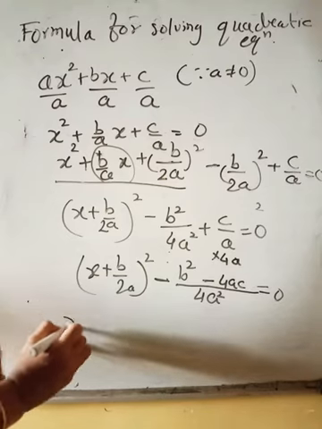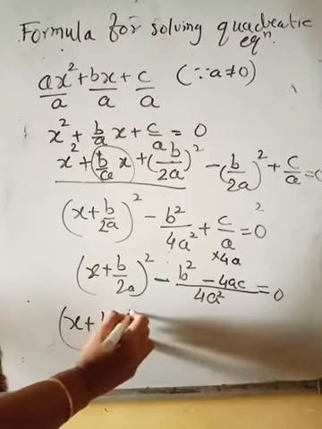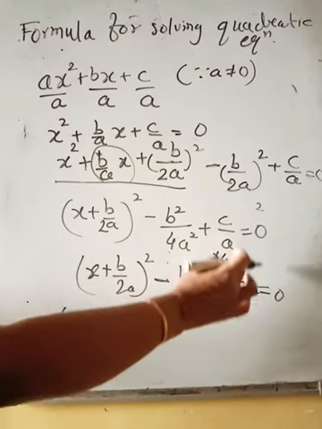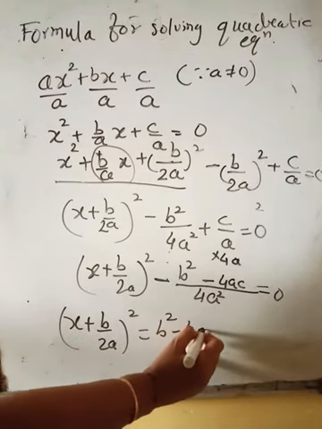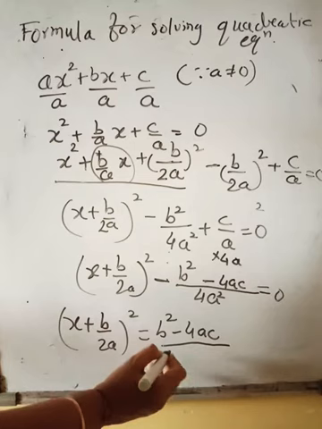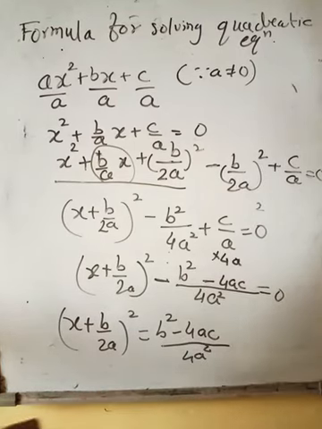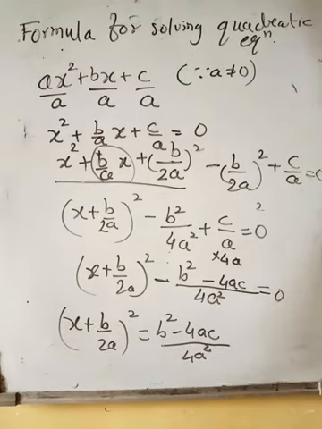So what does it mean? x plus b upon 2a the whole square is equal to, I am shifting this term here. तो ये minus है ना, वहाँ पे लेके आऊँगी तो ये पूरा term plus बन जाएगा. So b square minus 4ac upon 4a square. Now as it is square, I take square root of it.